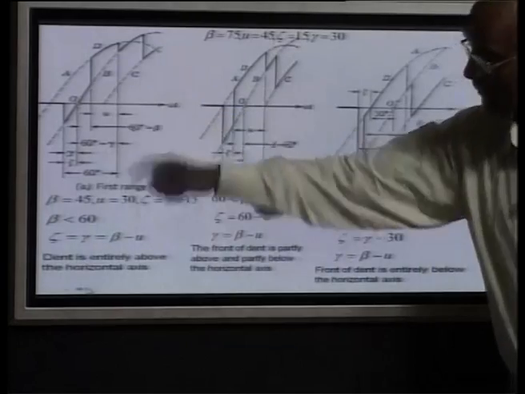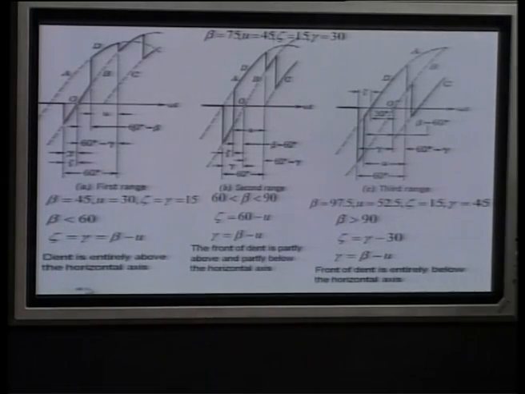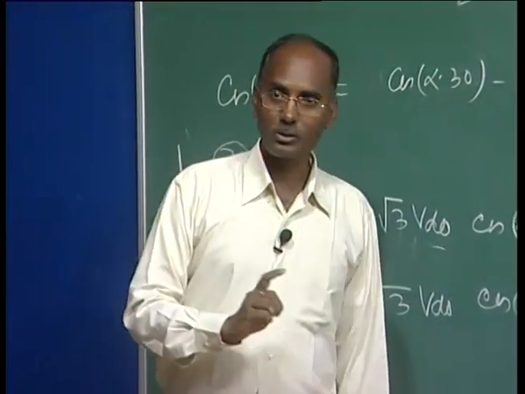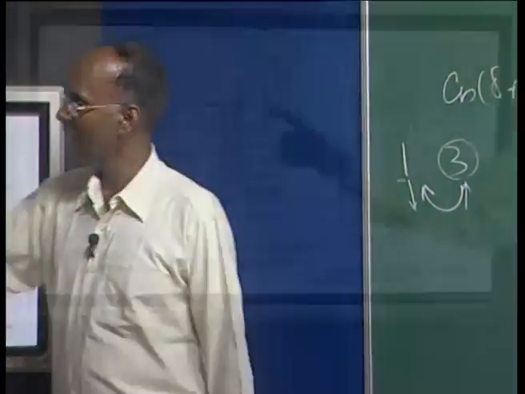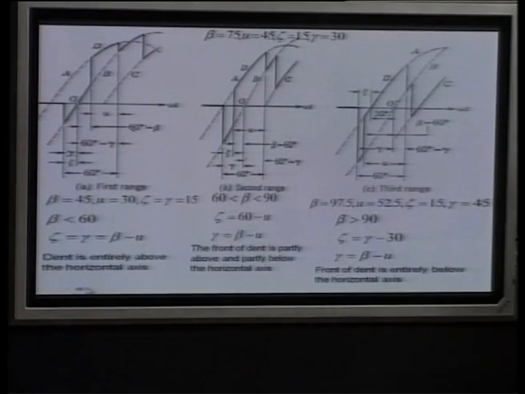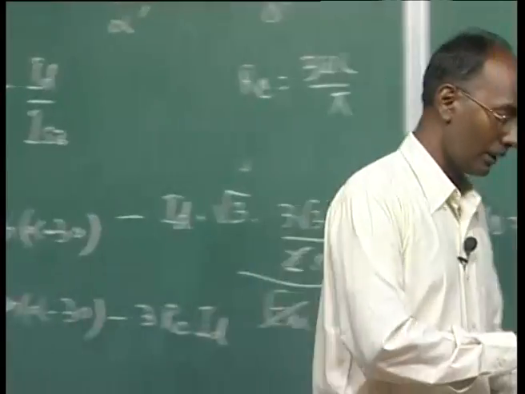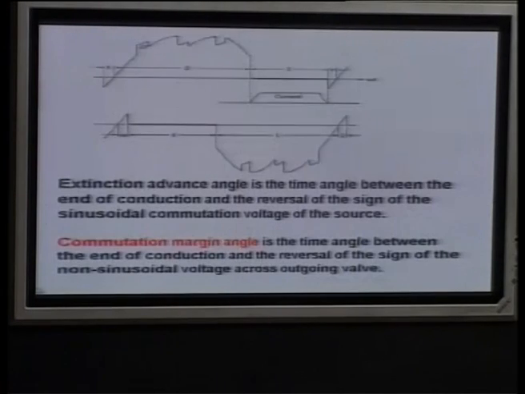The only possibility is in the 2-3 valve conduction mode, meaning U is less than 60, and this is also true when we are operating in inverter mode. In the rectifier mode it does not arise at all, because in the previous figure it is negative all the time here.